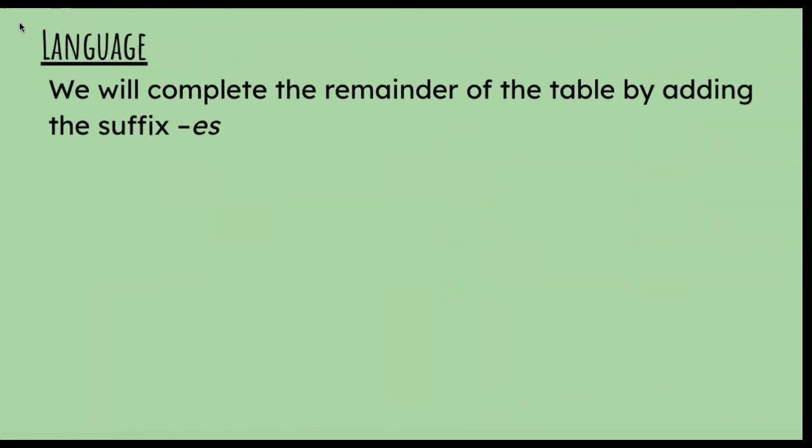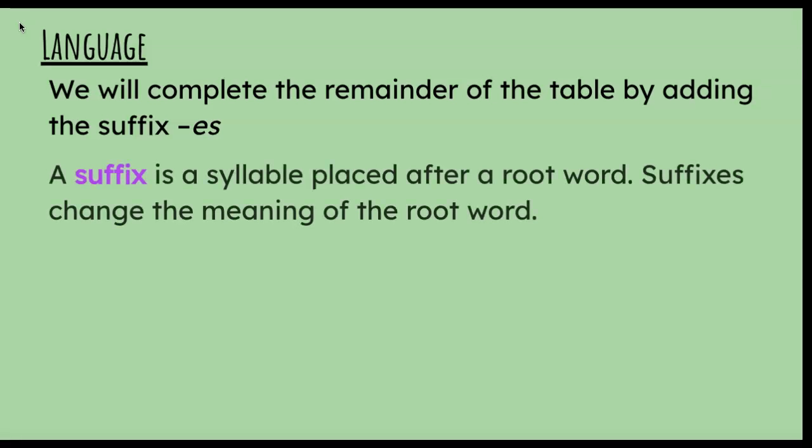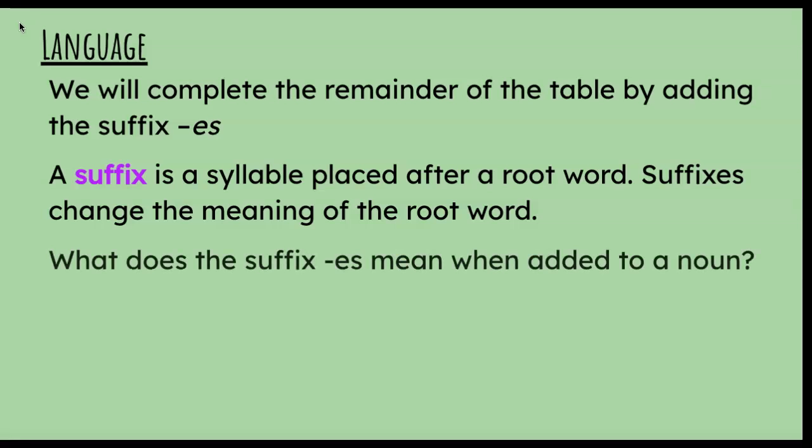We will complete the remainder of the table by adding the suffix es, and this makes nouns plural. A suffix is a syllable placed after a root word. Suffixes change the meaning of the root word.